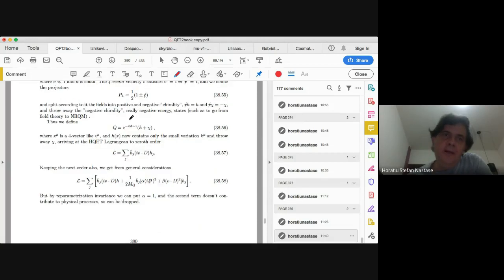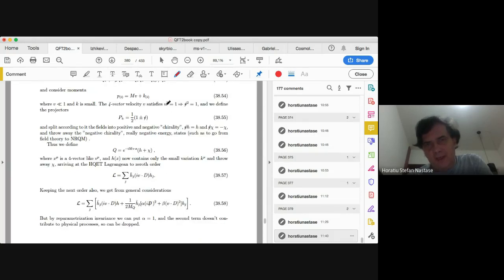And we throw away the negative chirality, which, since v is velocity, means negative energy states. Another way of saying it, throwing away negative energy states, is throwing away Dirac sea states, which means going to non-relativistic quantum mechanics.